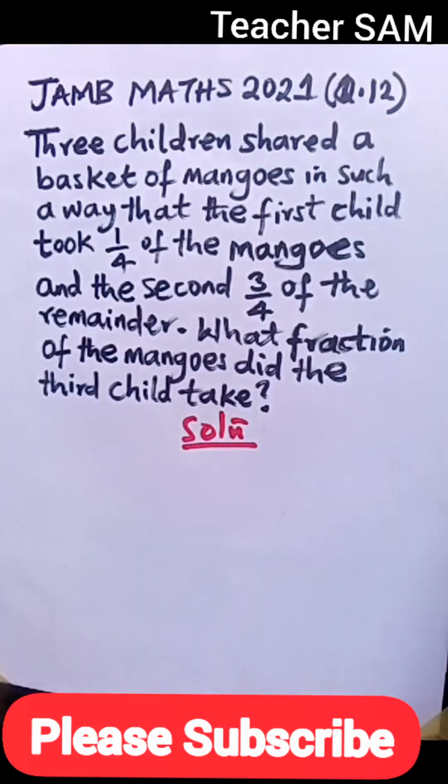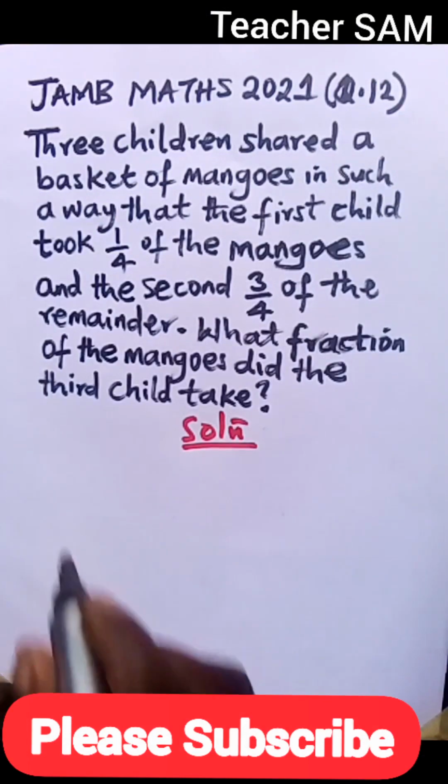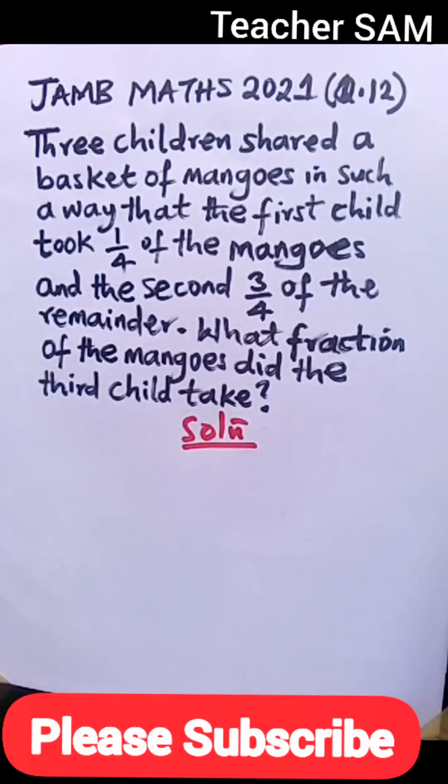Now, we can use any whole number for the total amount of mangoes for all the mangoes in the basket. So let's use 1. You can use 1, you can use 2, but it's always good to use 1. It's ideal to use 1 because a whole is 1.